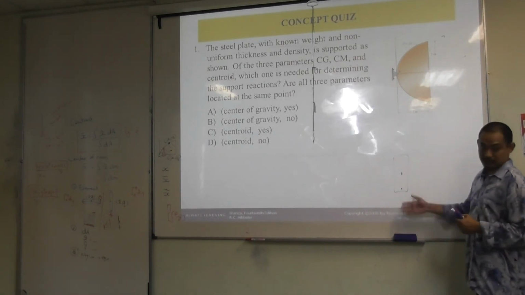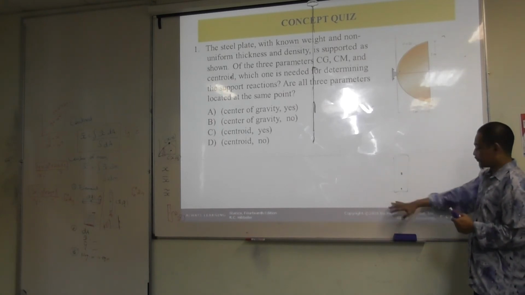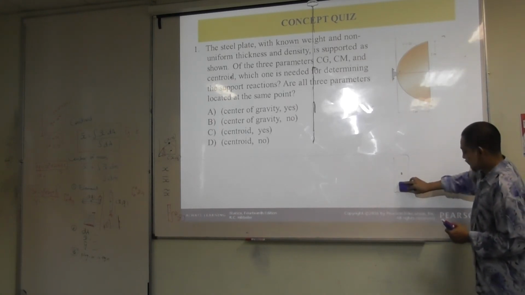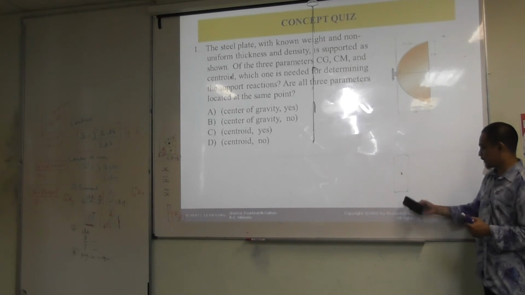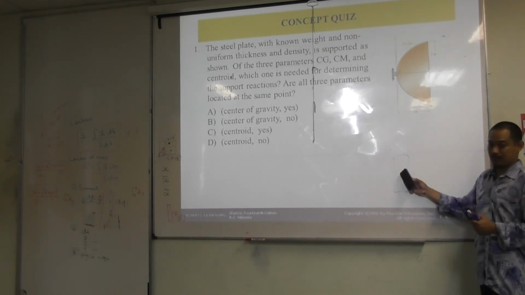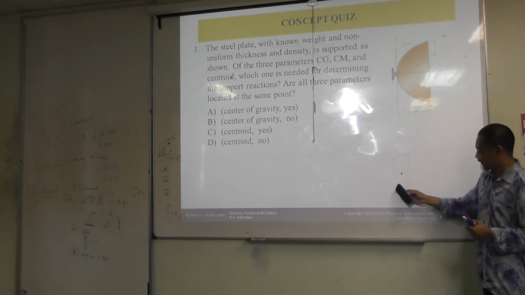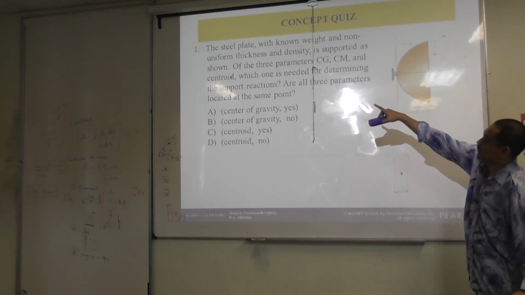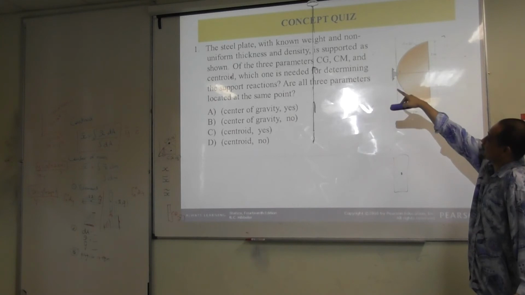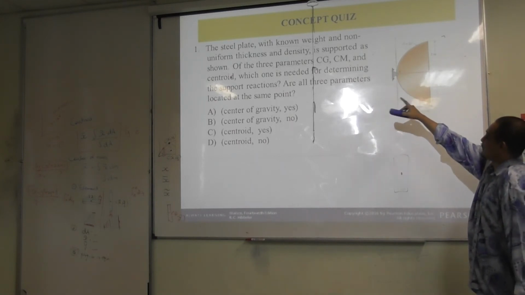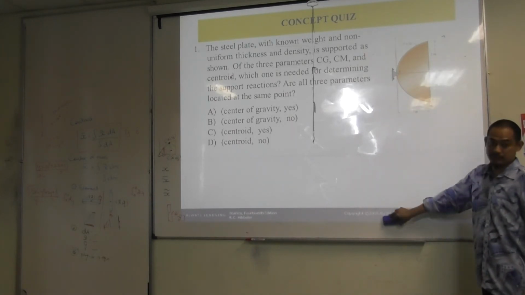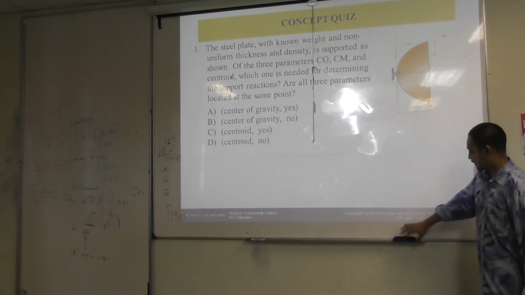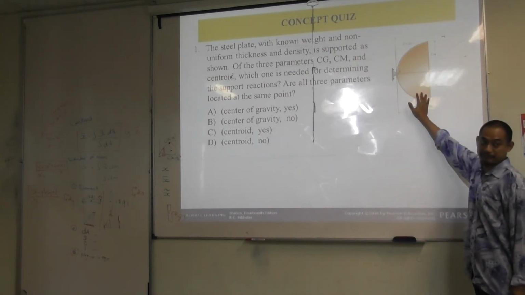If the density is the same, I mean the weight distribution is the same, like a block of wood, then the center of gravity will be there, right? But if the engine weight is here, it will bring it down, right? So in this case, if the thickness is not the same, non-uniform, and the density is not the same, then it will be different. If it's the same material, same thickness, then it will be the same, right?